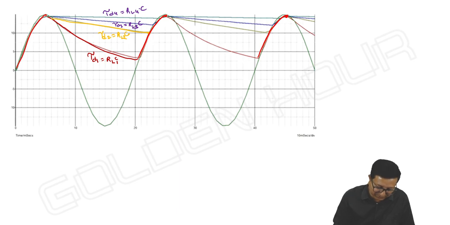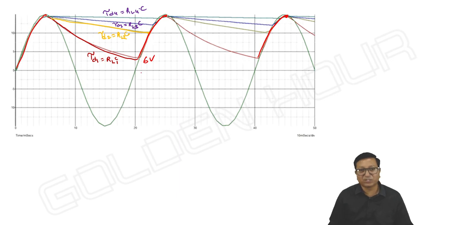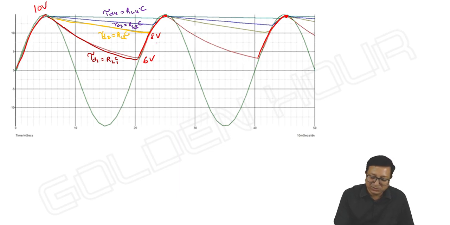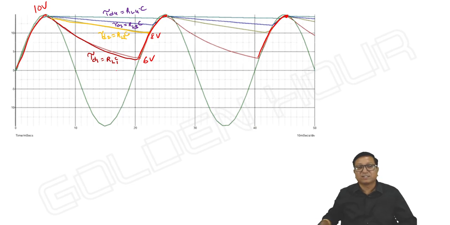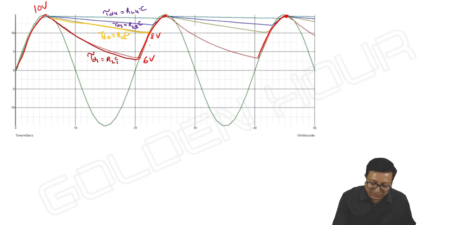Due to the smaller value of the time constant, it may come down up to 6 volts, from 10 volts to 6 volts, because the discharging time constant is small. If the time constant increases, then by the time the input completes one cycle, the capacitor is discharging slowly, so it is able to fall up to 8 volts only instead of 6.